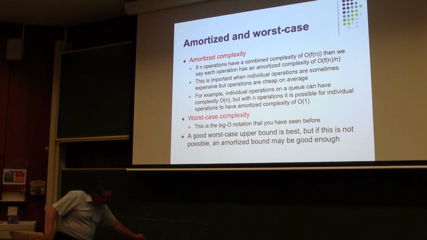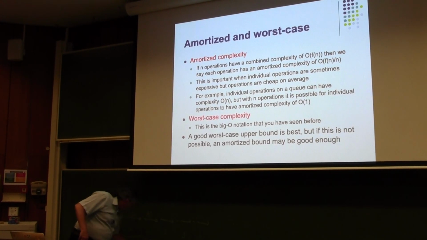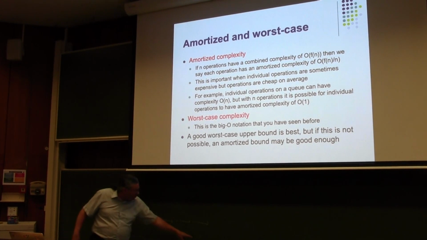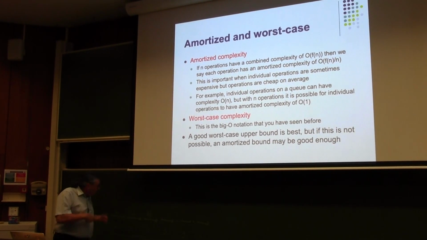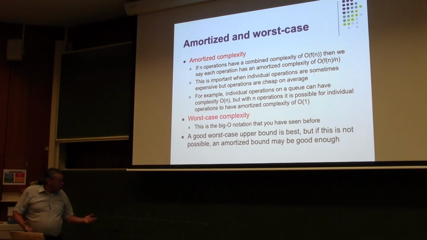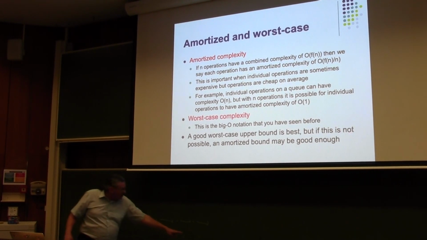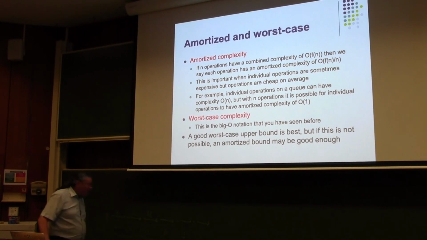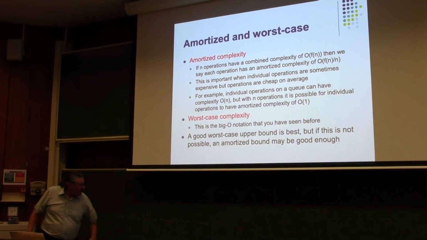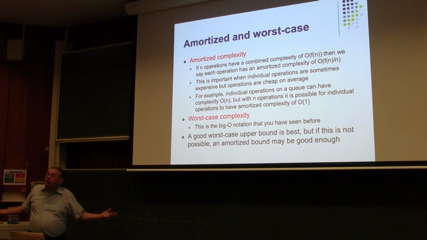Well, if I have n operations that have time 1 and one operation of time n, then the user, on average, will still see constant time, okay? Because the n here is spread over all the n sequence. And that's usually good enough, very often.